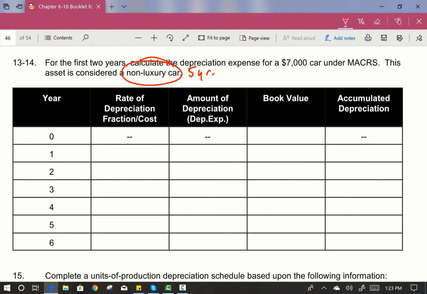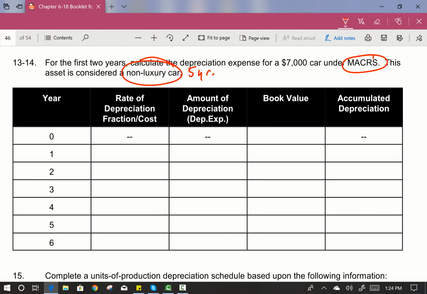So I would look that up in my chart, and it only wants us to do this for the first 2 years, but it's a 5-year asset, which means it assumes, by using the MACRS method, that we bought it halfway through the first year. So that's why it goes into the 6th year.